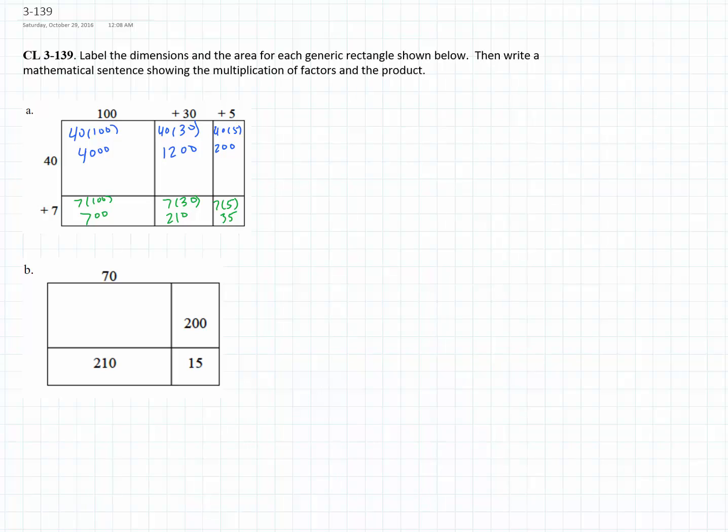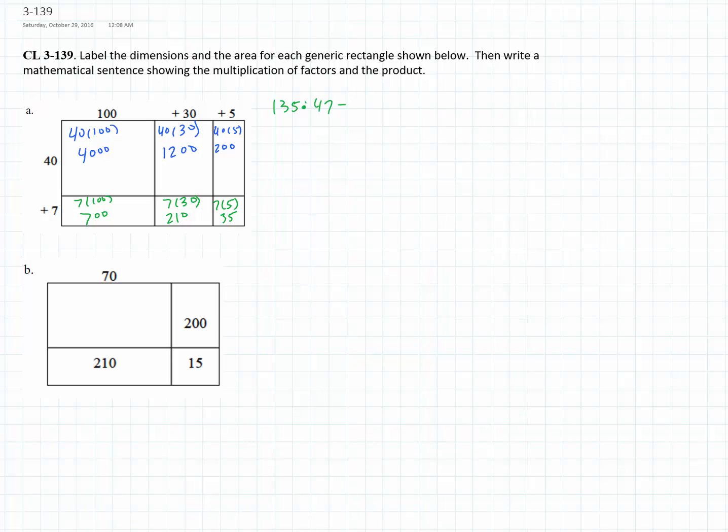Okay, so let's go ahead and write the numbers we're multiplying, the factors. So 135 times 47, sorry about that, 47.